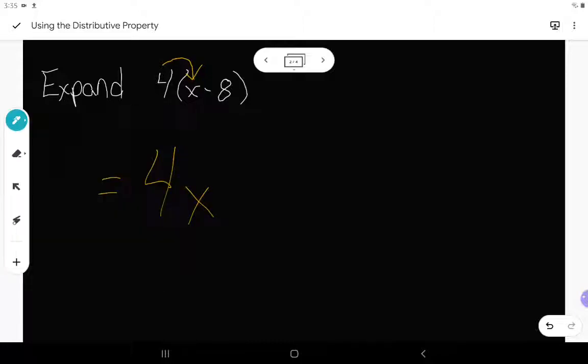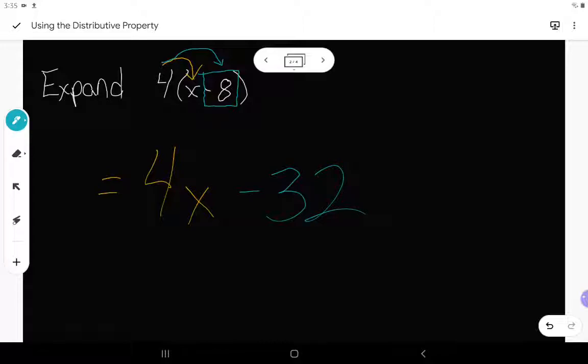Then I'm going to take that 4 in front of the brackets and multiply it by, again, I need to keep the sign in front of that 8. So this is a negative 8. So 4 times a negative 8 is negative 32. Oh my goodness, isn't that simple?